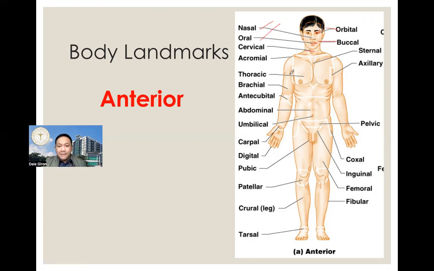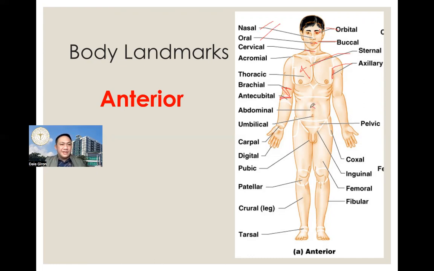Okay, buccal. What else? Sternal. Axillary is the armpit. The thoracic is the anterior chest. The brachial is the arm. Antecubital is where they do blood extraction, that is what you call your antecubital. Abdominal area is your abs.